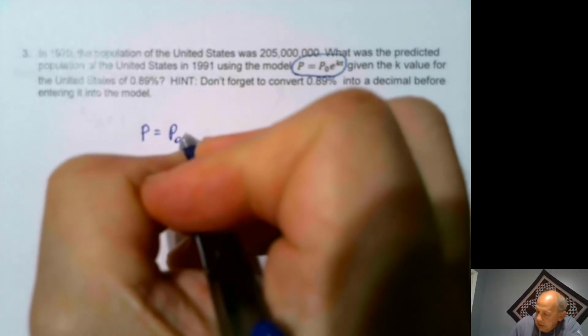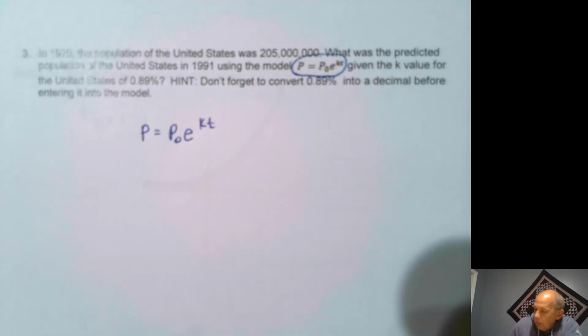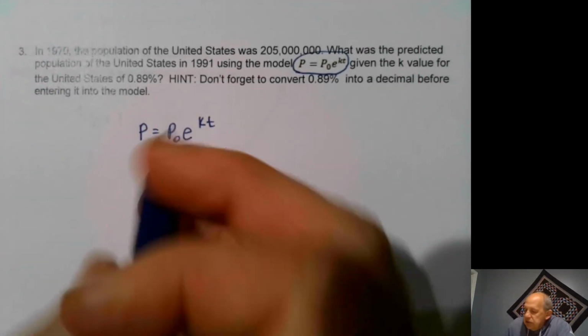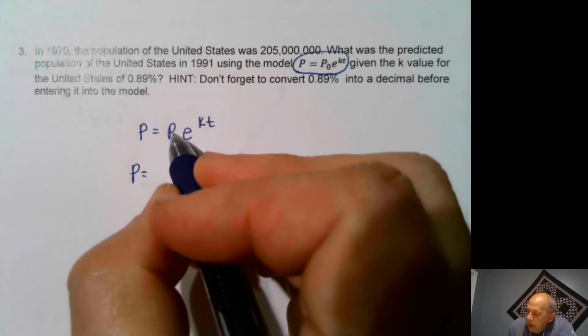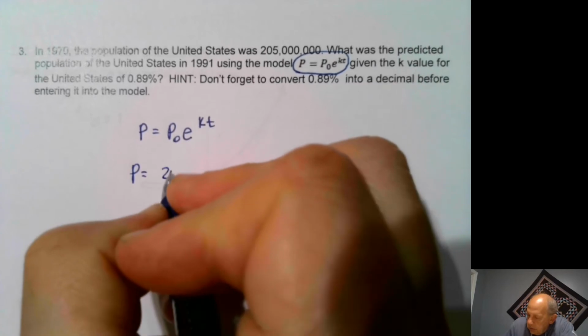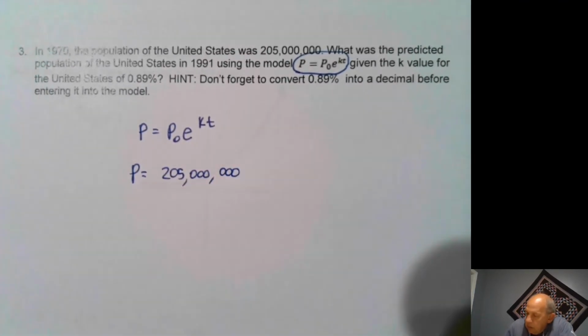So let me write this model out right here. So here is my model. This P is the future population of the United States. The initial population, P sub 0, was 205 million people. That's what I'm plugging into my model there.